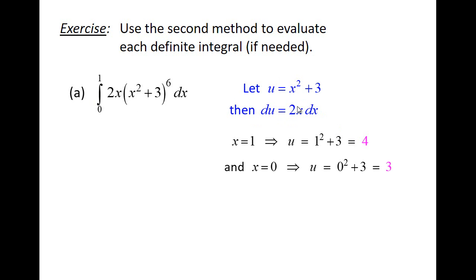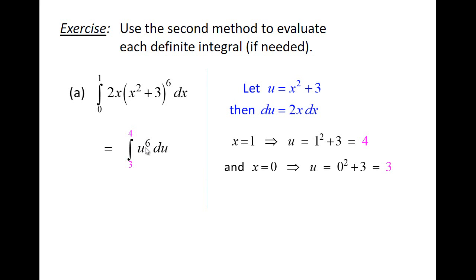All right, so now let's substitute and get the new integral. Notice that x squared plus 3 will be u, so we get u to the 6, and 2x dx is going to give me du. So the 2x together with dx will be replaced with du. This is what we get, and the new limits of integration are from 3 to 4. Now we apply the fundamental theorem of calculus.